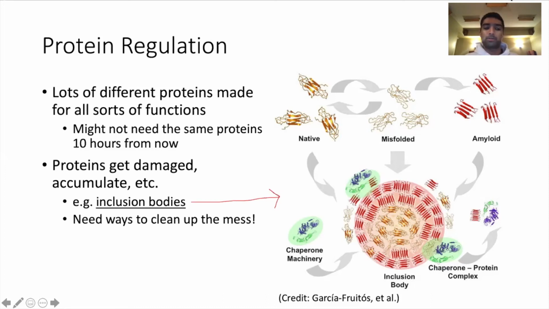So sometimes proteins can get damaged and accumulate, or they can unfold during stress or during certain diseases, even like Alzheimer's, for example. An example of this is inclusion bodies, which you can see on the right, where many different unfolded proteins have just come together and formed a mass. And we need ways to clean up the mess.